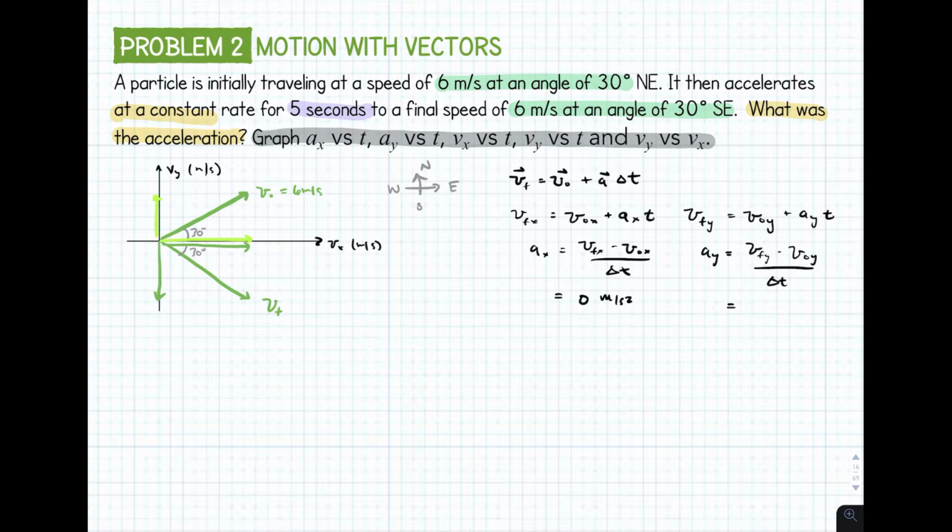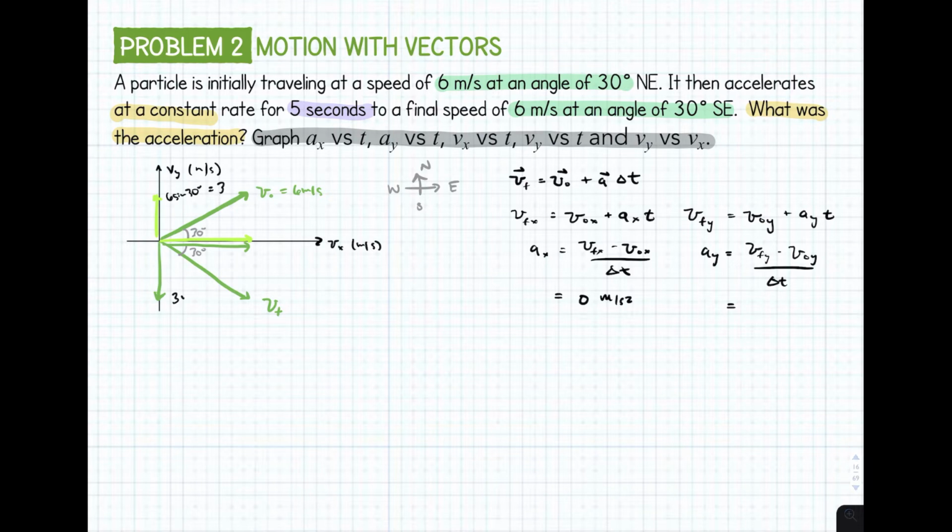So this vy should be 6 times, since this would be this side of the triangle, 6 sine of 30 degrees, which should give us, remember sine of 30 is 1/2, so that's going to give us 3 meters per second.